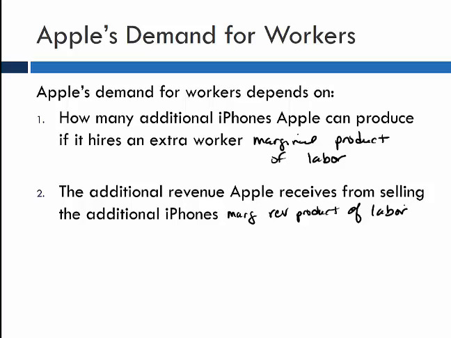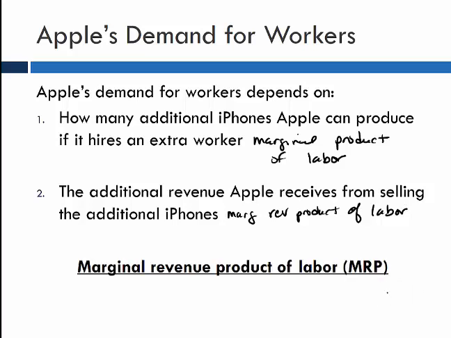So that makes sense. But now we're going to also have to factor in how much it costs me for that labor. So the marginal revenue product of labor is the price that I'm selling this product for, times the marginal product, the extra output that I get per worker.